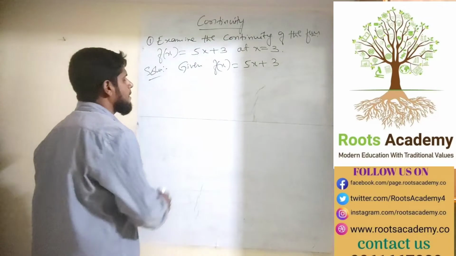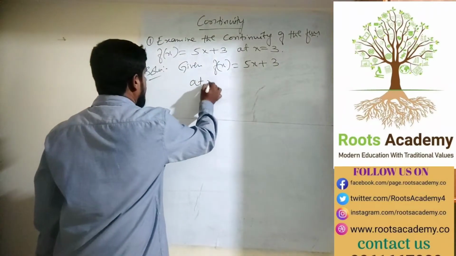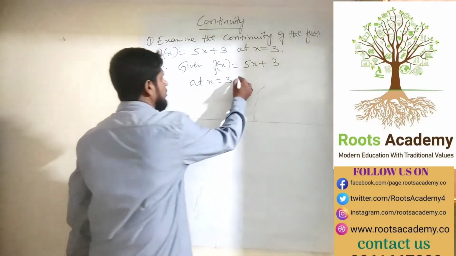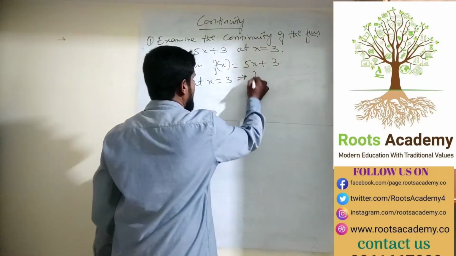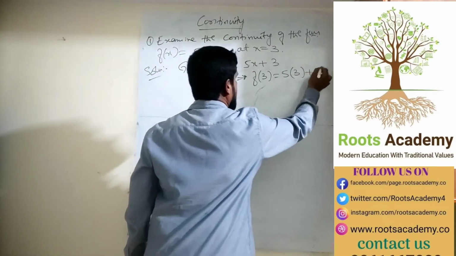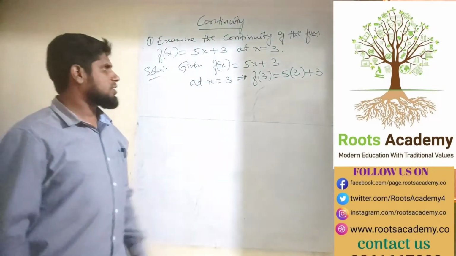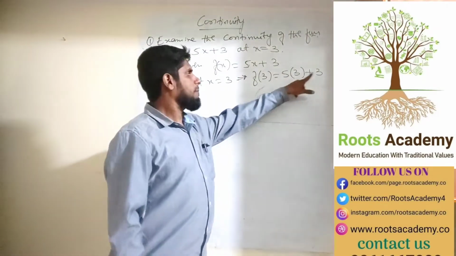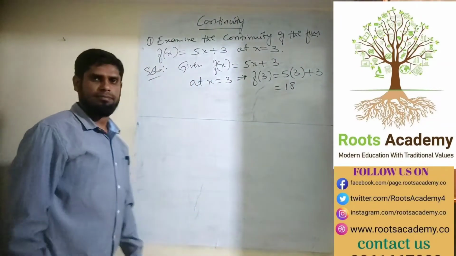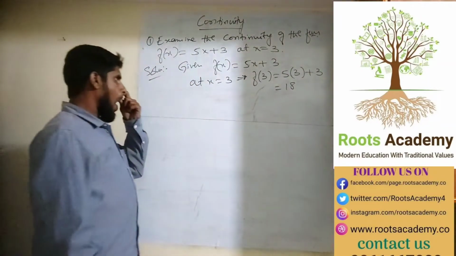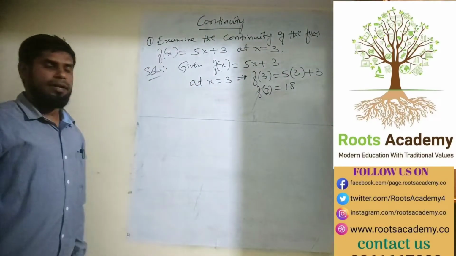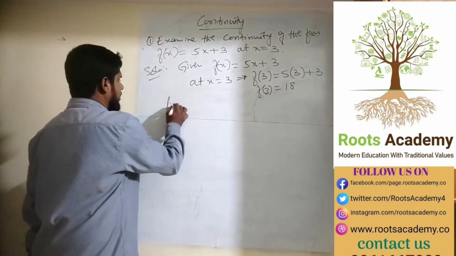Now at x is equals to 3, which implies f of 3 is equals to 5 into 3 plus 3. So how much is it? 5 into 3 is 15, plus 3, this is equals to 18. f of 3 is 18.